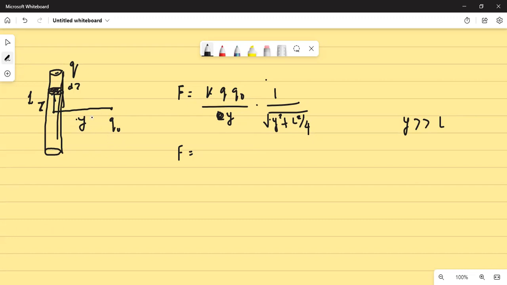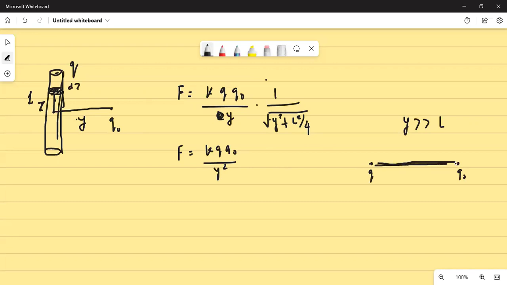I can take y common out, and this becomes 1 plus L square upon 4 y square, where the second term becomes 0. So overall, this will be k q naught upon y square. At a very large distance, this rod will appear as if it has reduced to a point charge.